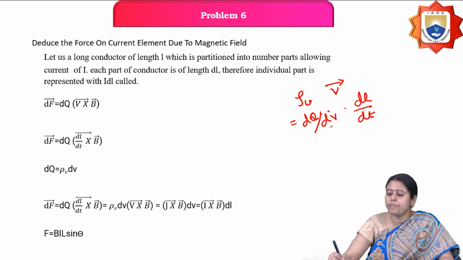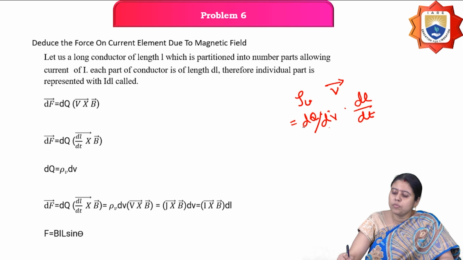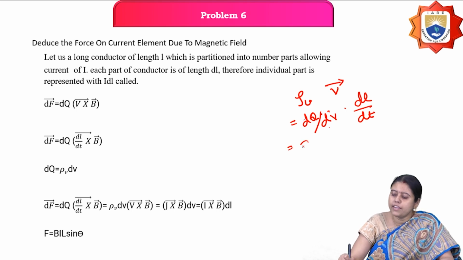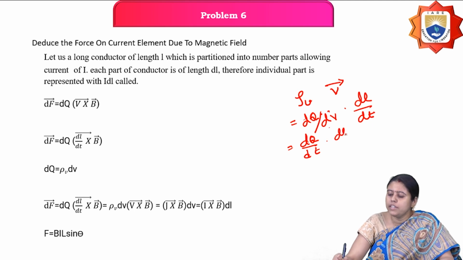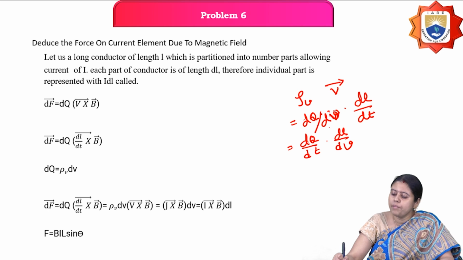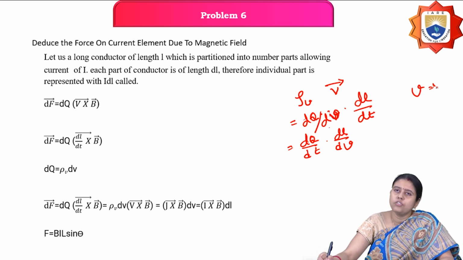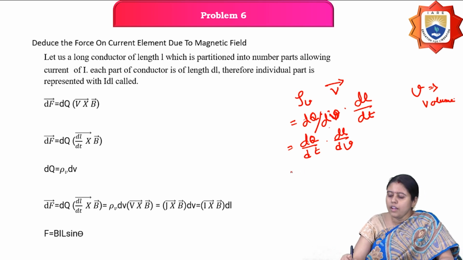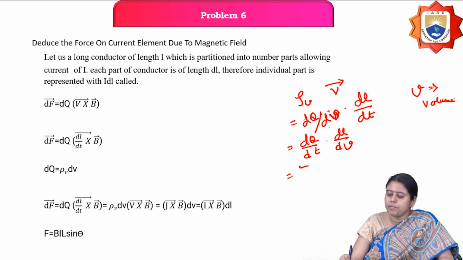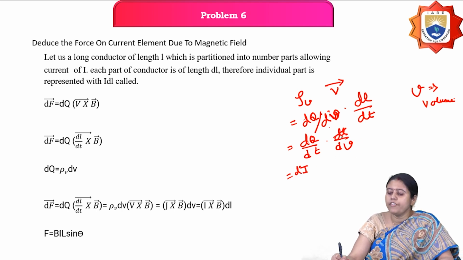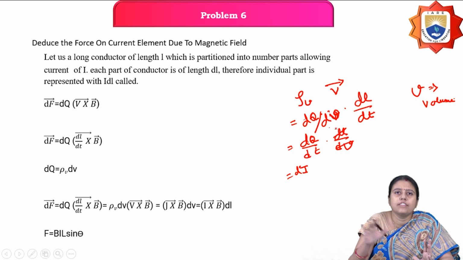So we can rewrite it as dq by dt into dl by dv, where v is the volume. dq by dt is nothing but the current dI, and dl by dv: dl means the line and dv is the volume.